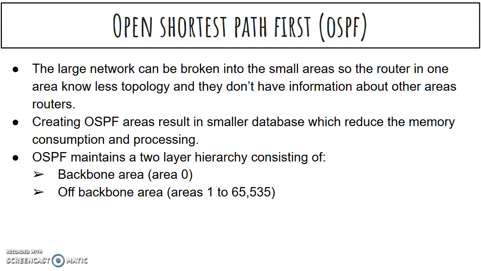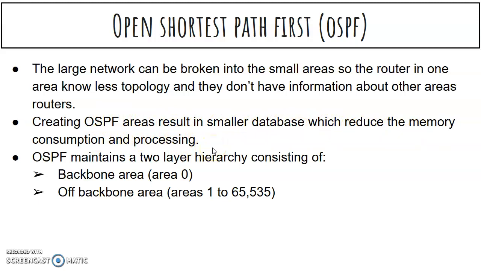So the router of that smaller area will not know the information about other areas, and this basically increases the security, and also it is easy to maintain a routing table when you have fewer nodes and less information involved in your network. So we can say that creating OSPF areas results in a smaller database, which reduces the memory consumption and processing.